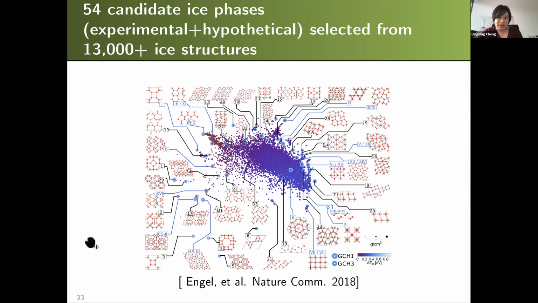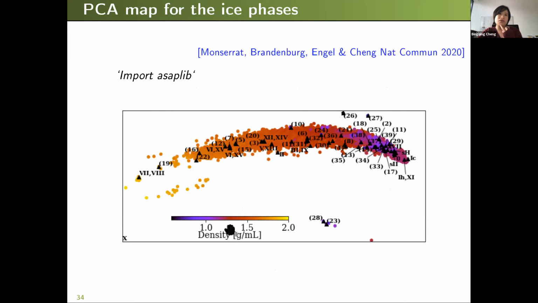And moreover, we talk about hexagonal ice and cubic ice, but indeed there are many more ice phases out there. At the moment there are 20 experimentally confirmed ice phases, and there are many more hypothetical ones. Back then Edgar and co-workers did this work. They developed a scheme, and here they plot things using a sketch map, but you can also do this using PCA.